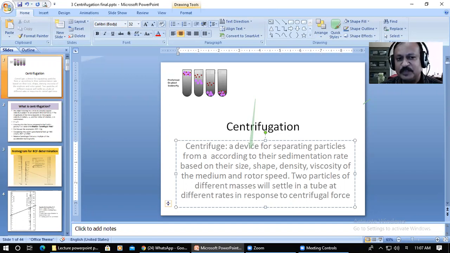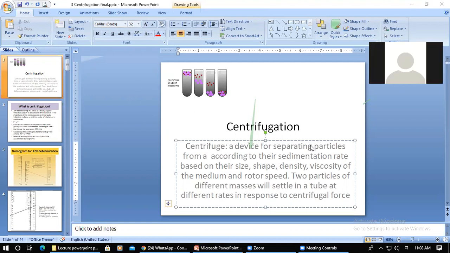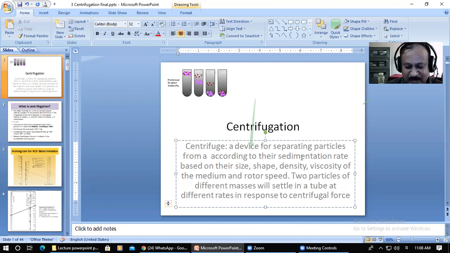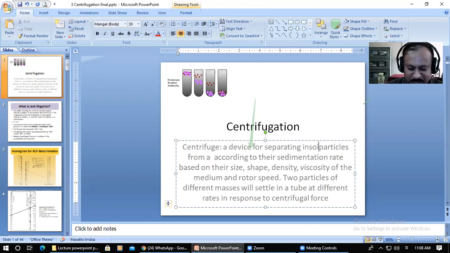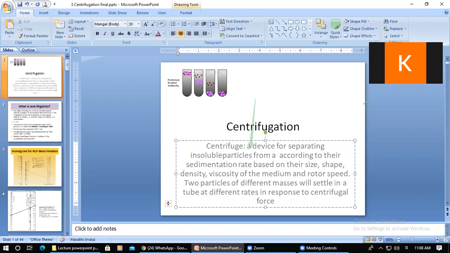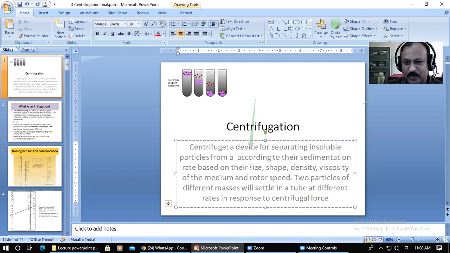As we use centrifugation to separate insoluble particles, isn't it? Insoluble particulates from a solution. Was that correct?